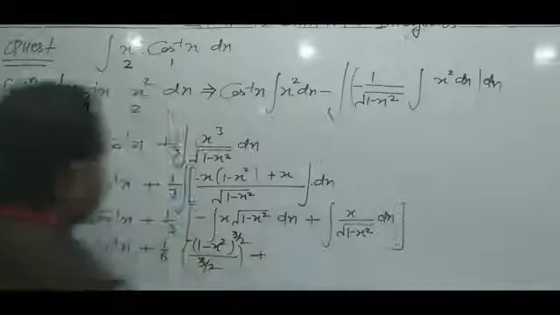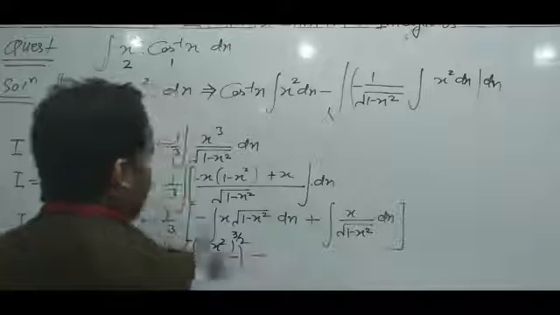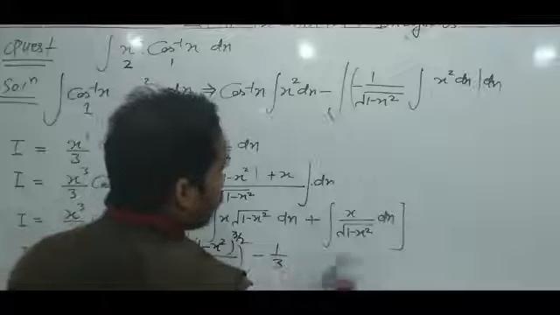Now with plus sign, how can we solve this integral? In this integral, suppose you consider 1 minus x square as t, so this will be 1 upon root t, and the result will be root t, with negative sign, so its integral will be 1 by 3 with negative sign, minus x dx.